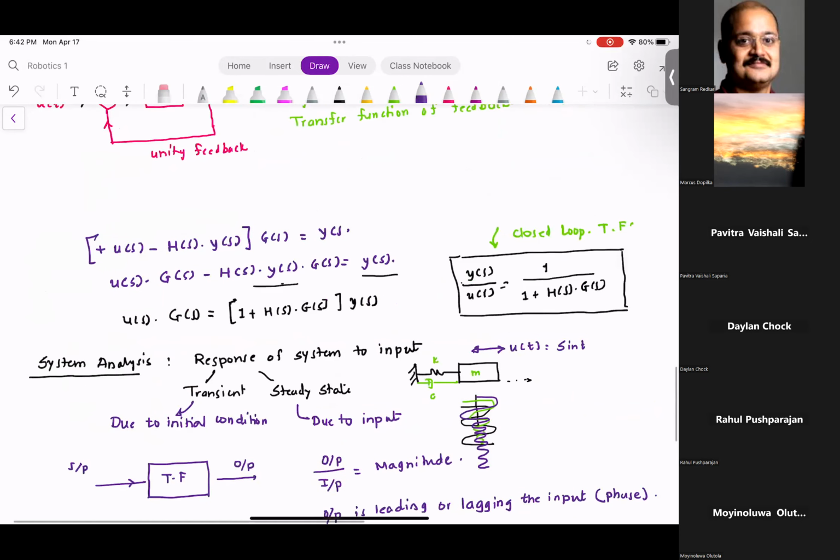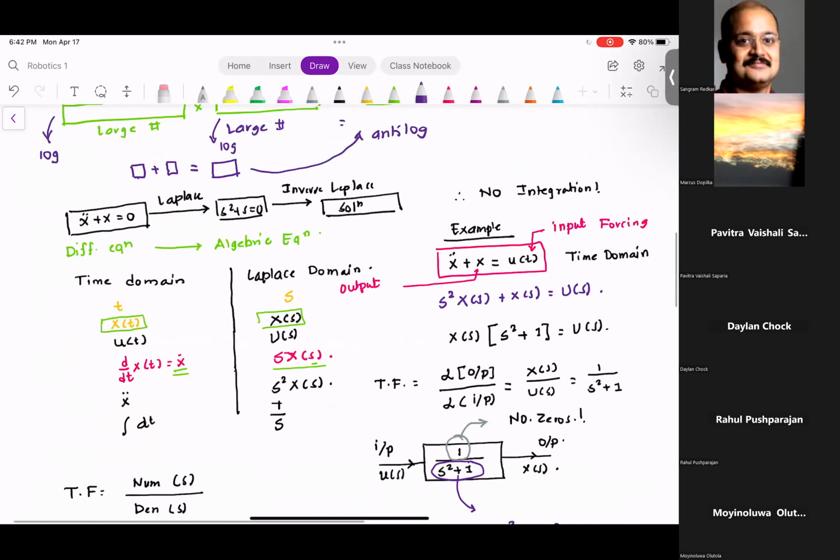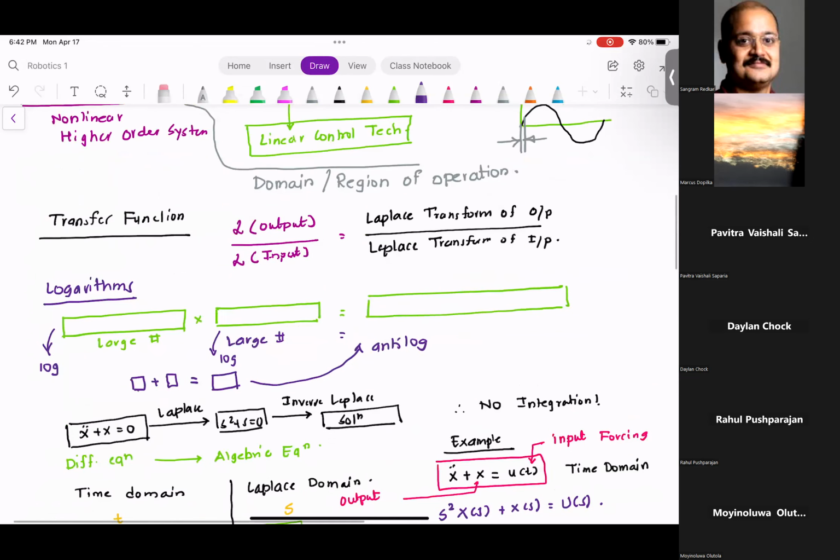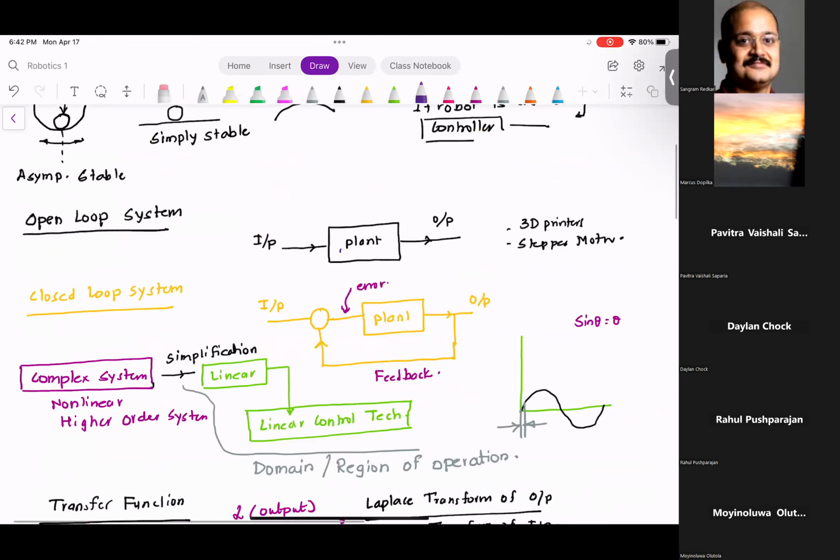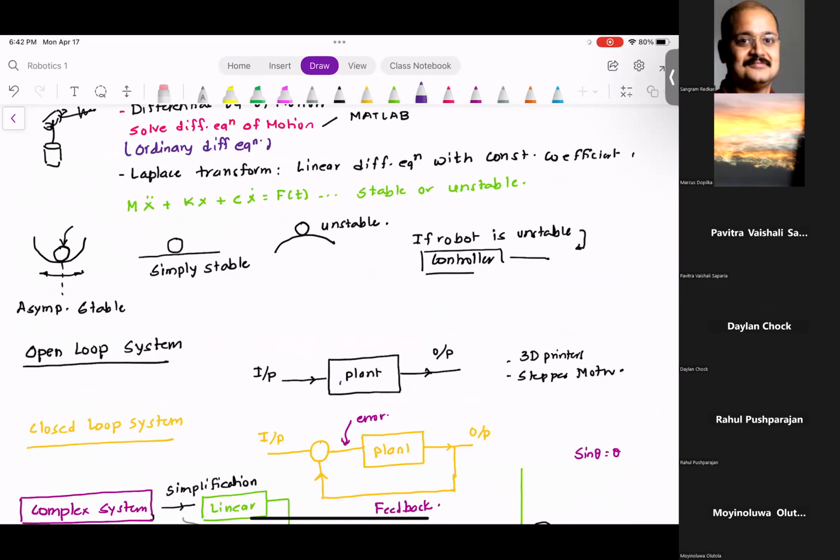We talked about asymptotic stability, we talked about simple stability, and we talked about instability. There is another important concept considered in linear systems, which is called bounded input, bounded output stability.